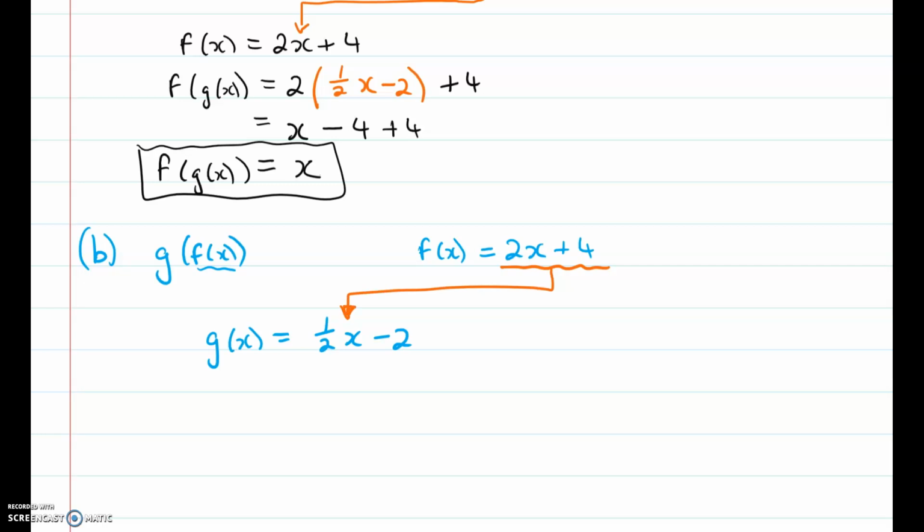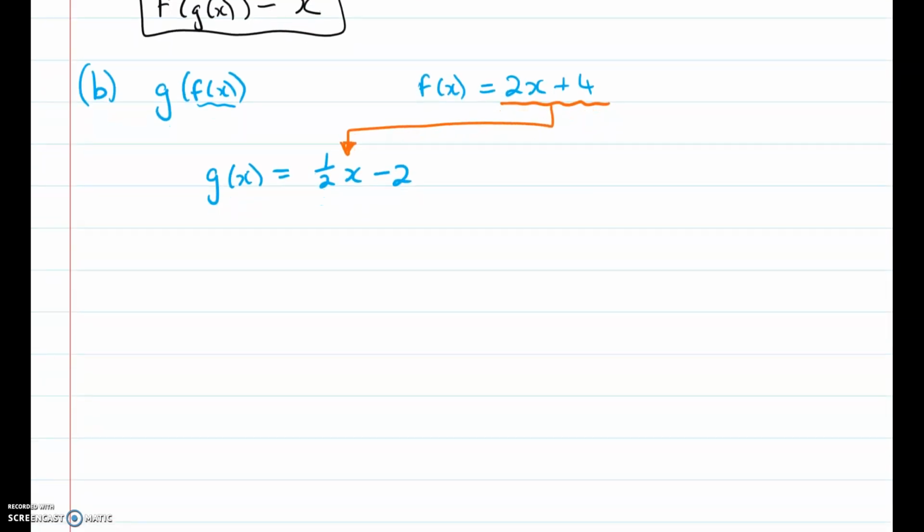Okay, so that's going to give you g of x is equal to 1/2 of 2x plus 4. Let's get that bracket just to make it look better. Minus 2.